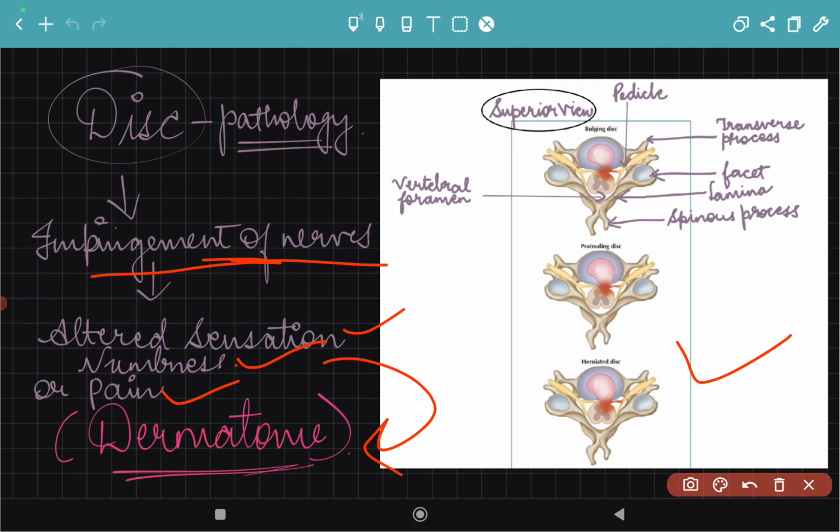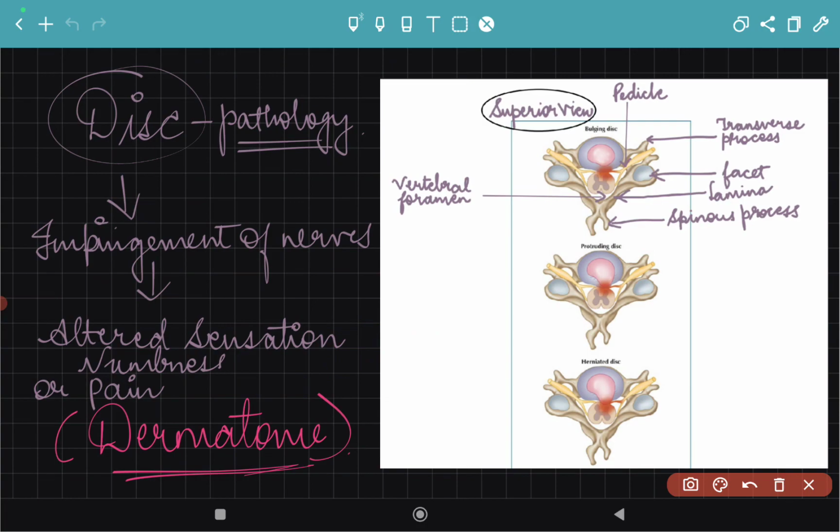But now we are just associating so that we come to know that we have to understand dermatome. Then only we will come to know which nerve root has the problem, which intervertebral disc is causing pressure on which nerve root, and hence we are getting to see those symptoms.